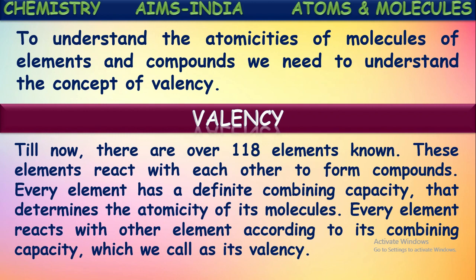Every element reacts with each other element according to its combining capacity only. So these elements will combine with other elements and even themselves based upon this combining capacity. This combining capacity of the elements is said to be valency. So we can define valency as the combining capacity of an element.